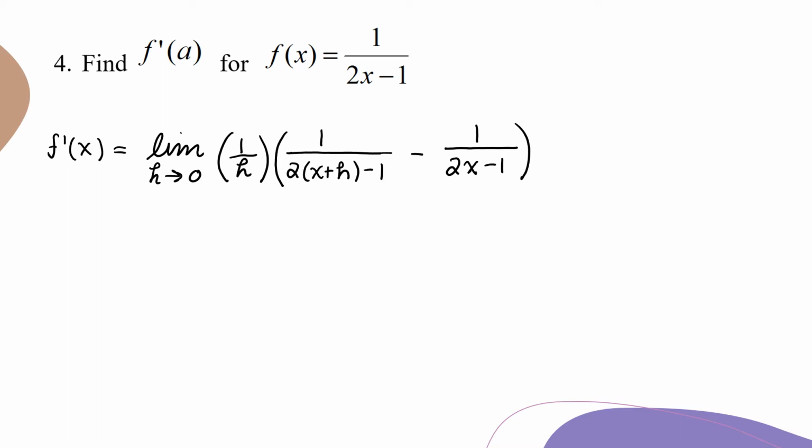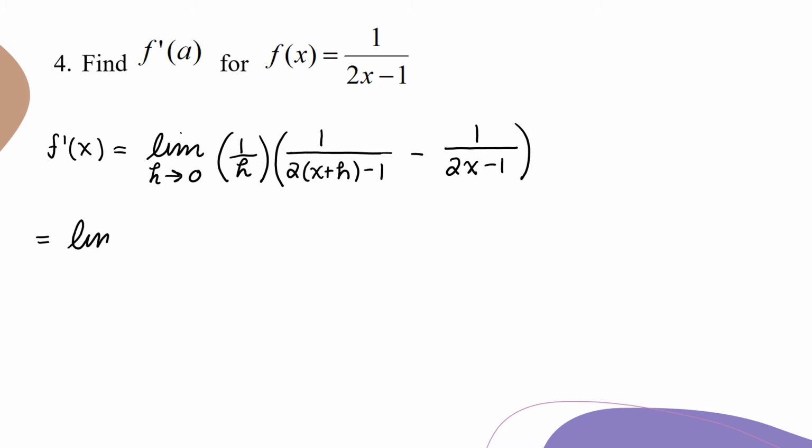And now I need to start trying to simplify this so that I don't end up with 0 over 0. So let's take a look here. I have two rational expressions, so a good bet is to combine these rational expressions. So I'll need to find a common denominator.